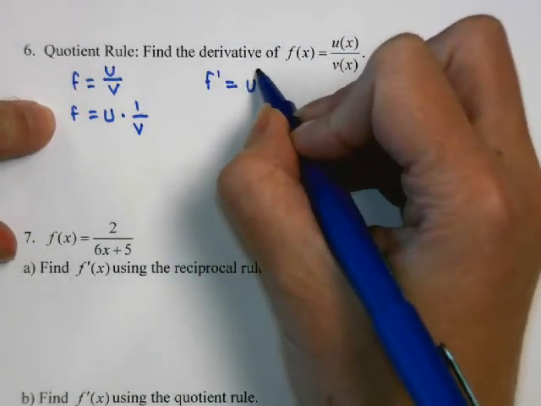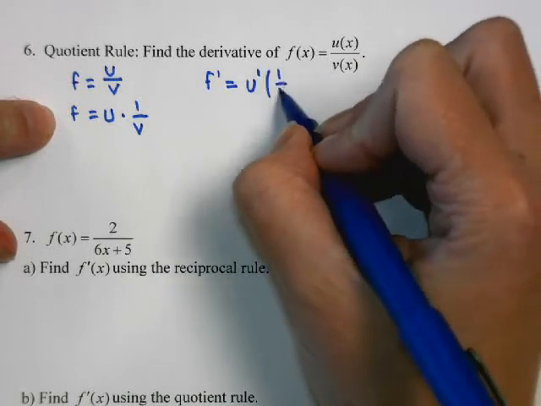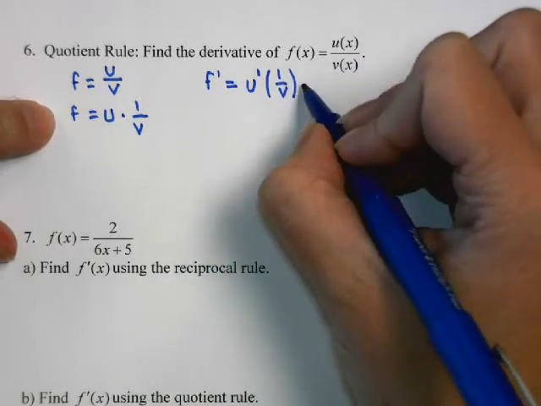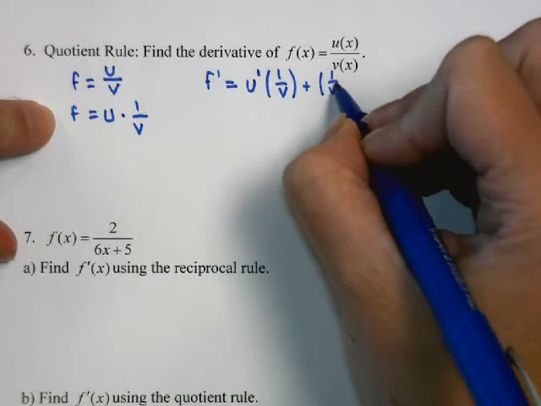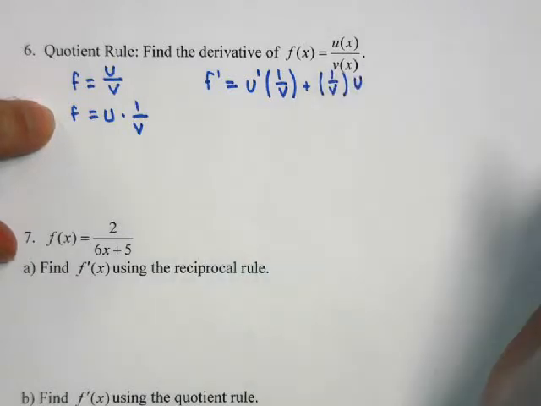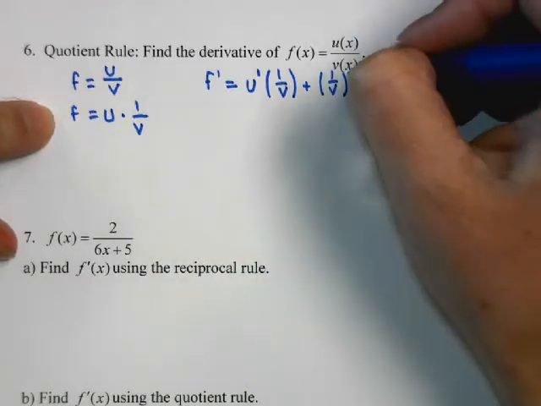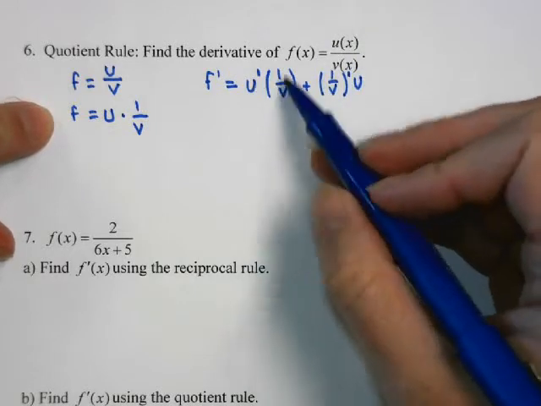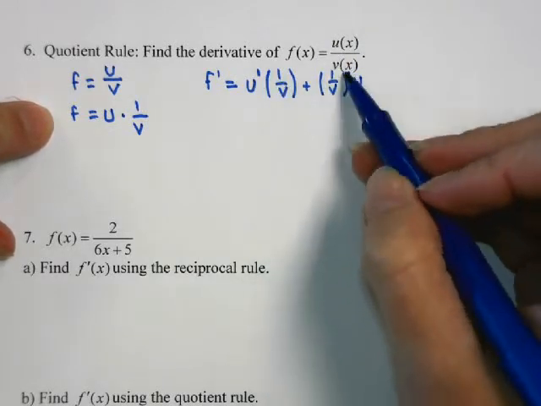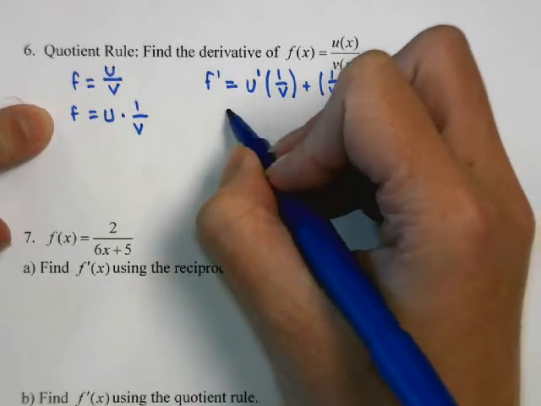Okay, so it's going to be the derivative of the first times the second plus the derivative of the second times the first. Okay, so derivative of u times 1 over v plus the derivative of 1 over v times u.